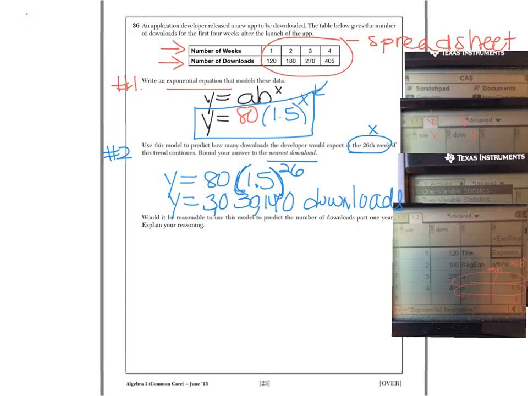And would it be reasonable to use this model to predict the number of downloads past 1 year? Explain your reasoning. So the answer to this is no, because a new and better app would probably come out, and not as many people will download at that point in time. So as a result, apps come and go.